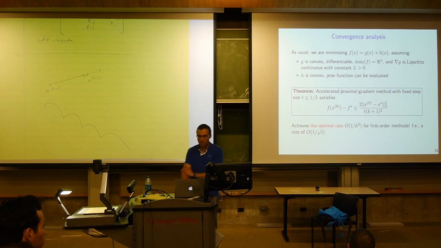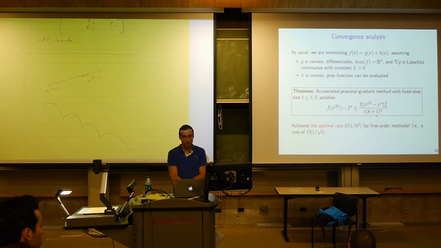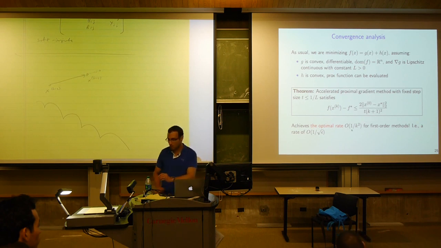So it's 2 times the squared distance between x0 and x star divided by the step size t times something like k squared. In epsilon notation, if we want to make this less than or equal to epsilon, we only need on the order of 1 over the square root of epsilon iterations rather than 1 over epsilon iterations.